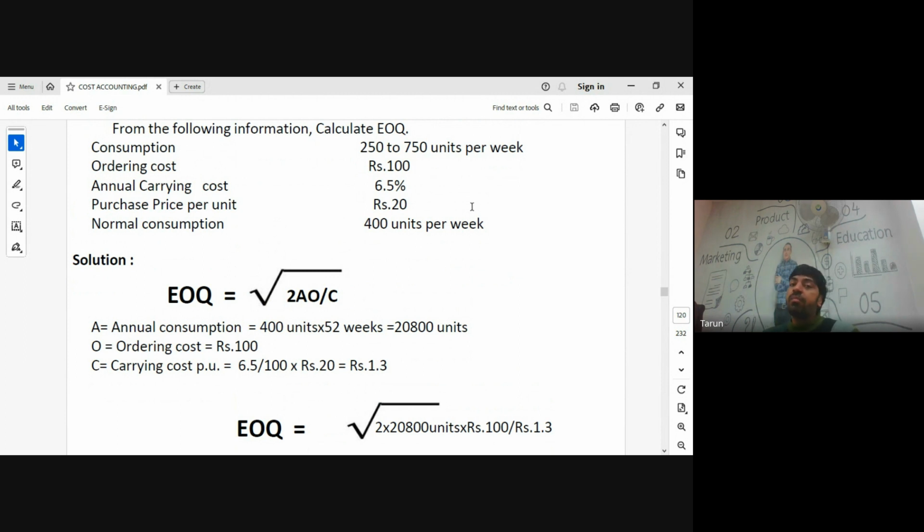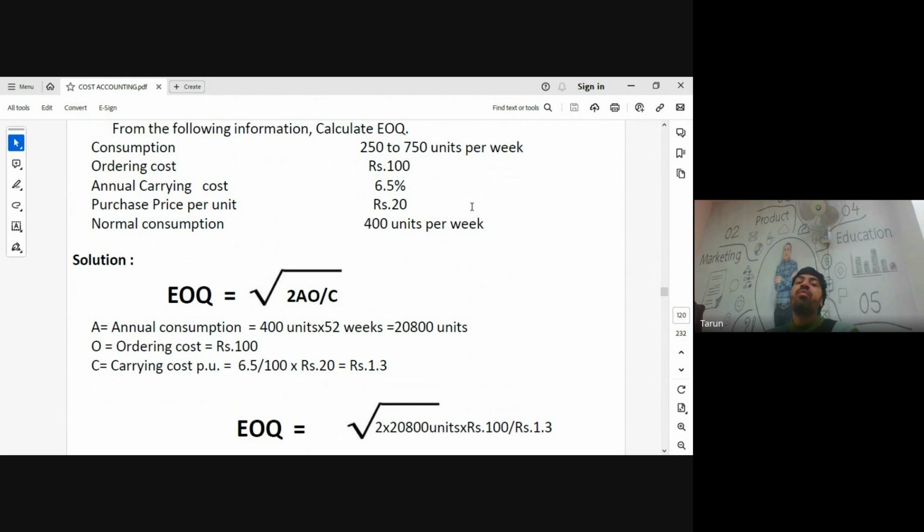So when we talk about 250 to 750, the total over weeks is 52 weeks in a year, right? Once you multiply, you will get 20,800 units. Ordering cost is 100. Carrying cost per unit is 6.5 by 100 into 20.